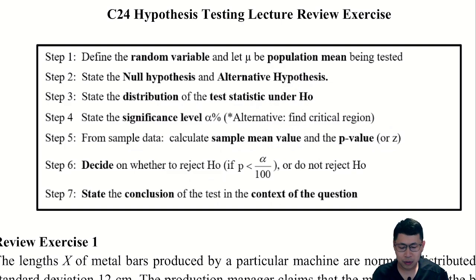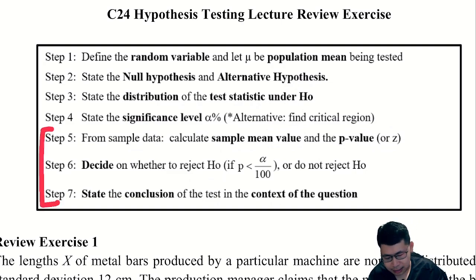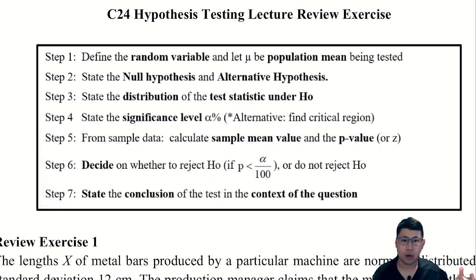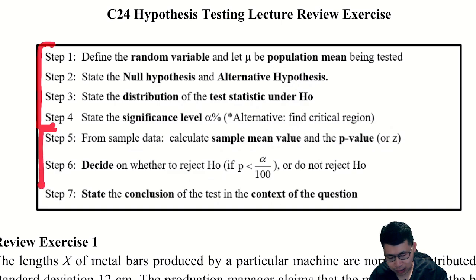Generally these 7 steps, we're going to split into 2 different phases. The first 4 steps are our setup phase, which we use to set up the whole situation. Steps 5 to 7 are the testing phase, in which we will test and conclude at the end of the test. Once more, the setup phase is steps 1 to 4, and 5 to 7 is the testing phase.